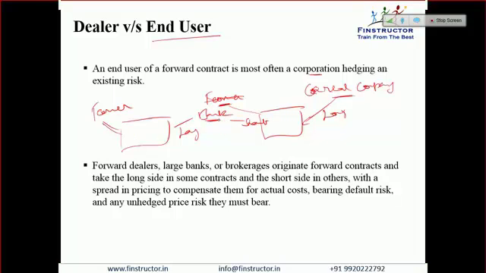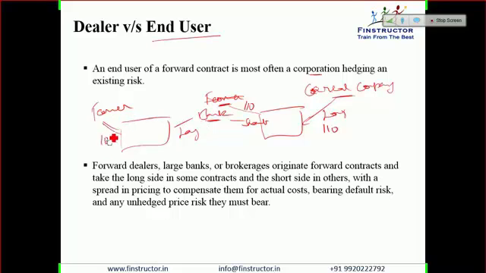So a bank or a dealer can also take the opposite side of the contract. Generally these banks would have hedged their position because they will have a back-to-back arrangement with the farmer also. So let's say the cereal company buys from the bank at 110, whereas the bank sells the corn to the cereal company for 110, and simultaneously they have contracted with the farmer.